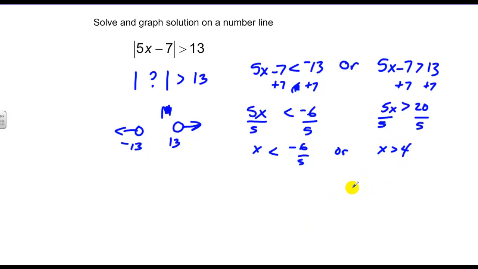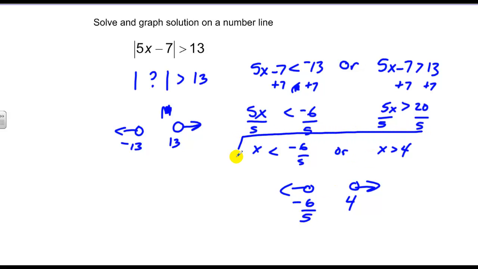So now I have two possible solutions. x is greater than 4, or x is less than negative 6/5. There is my algebraic solution and my graph.